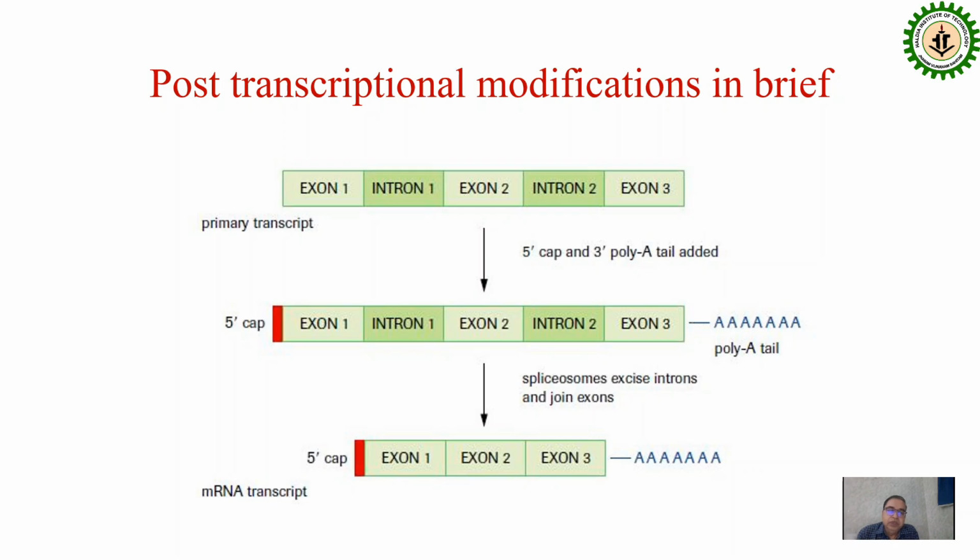So this is a type of splicing which is called constitutive splicing. That means there is no alteration, just the introns are removed and exons are joined in the order which is in the primary transcript. There are other non-constitutive splicing also, which we will discuss later. So this figure 1 is showing constitutive splicing, 5' capping and 3' poly A tail.